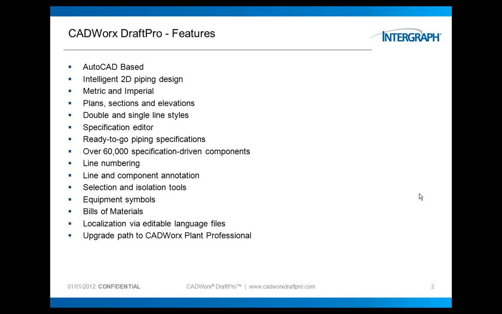This is on your screen right now. You can see a comprehensive list of features that are offered with CADWorx DraftPro, and you can briefly review them. Of course, we are offering over 60,000 components here, line numbering, bills of material, and one of the main things, you can always upgrade to CADWorx Plant.